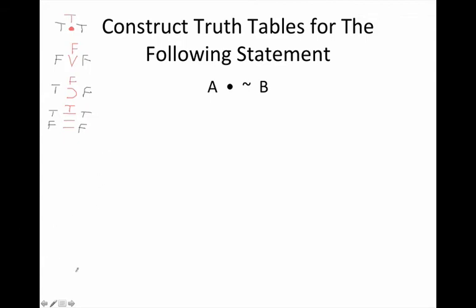I hope it's obvious that your negation, of course, is always going to be the opposite of whatever the original value is. So we have true and false. Okay, so there's a handout with this sort of cheat sheet on it that you might want to have at your side as you're practicing.